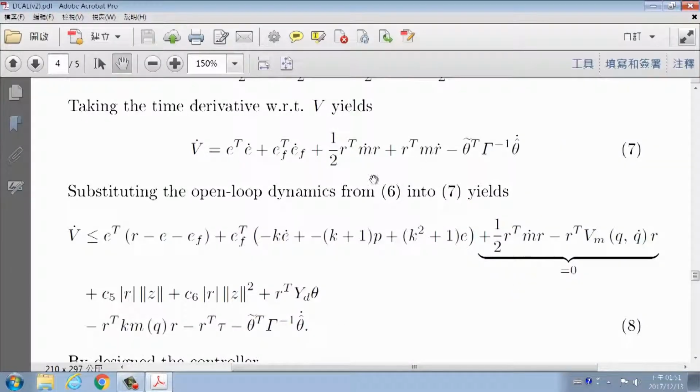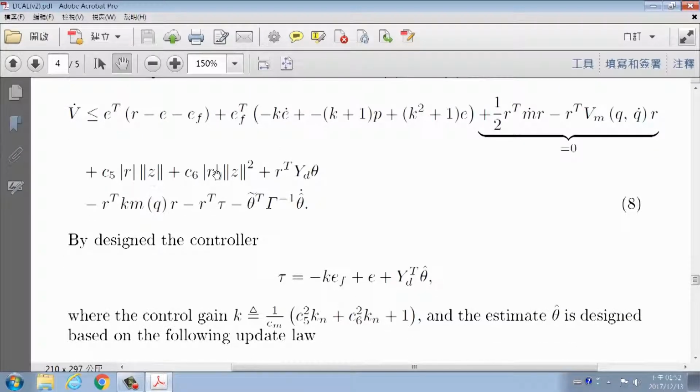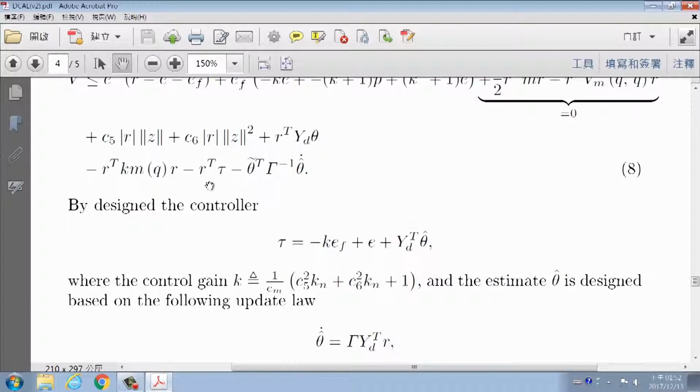And this term can be cancelled out by the VMR term, by the skew symmetric property. This term is coming from the closed-loop dynamics here, and some other terms. By design of the controller tau here, you see minus KEF and E. There are three terms.